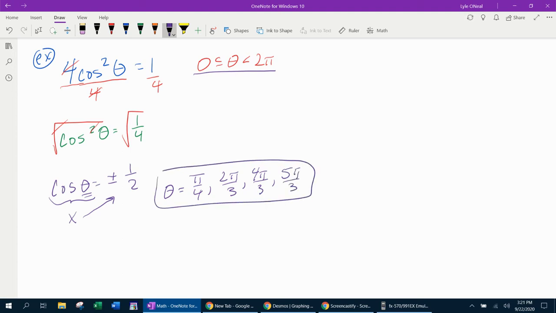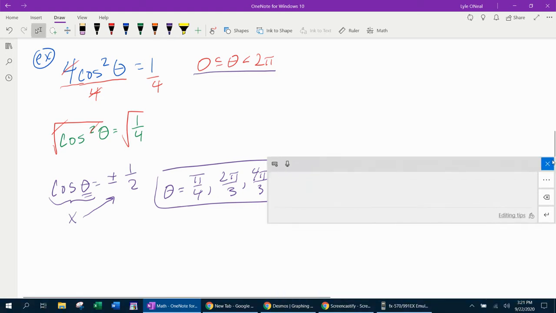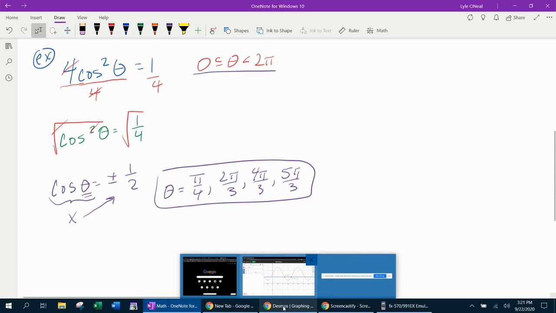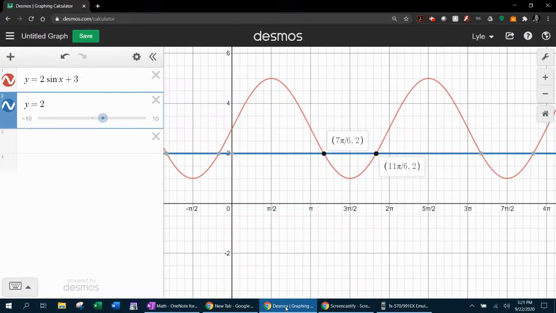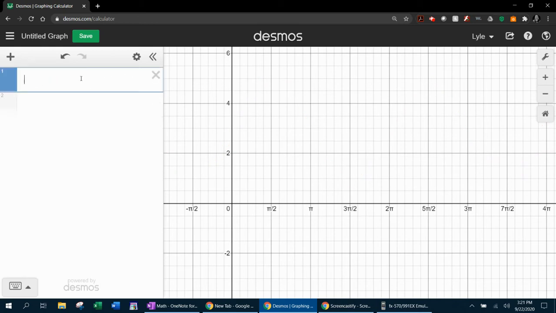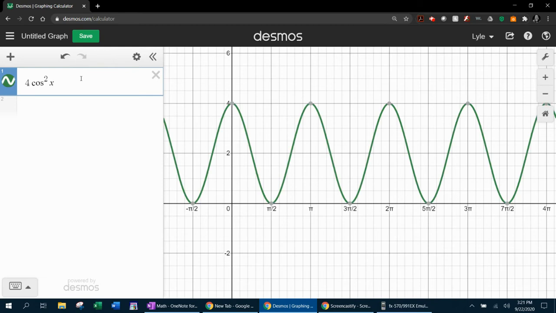And again, what we're going to do is verify that electronically. And this time I don't have the equations input previously, so I'm going to show you how to do this from scratch. So on the left-hand side, we had 4 cosine squared theta. So we're going to say 4 cosine squared x. And if you want to put y equals in front of that, you can.